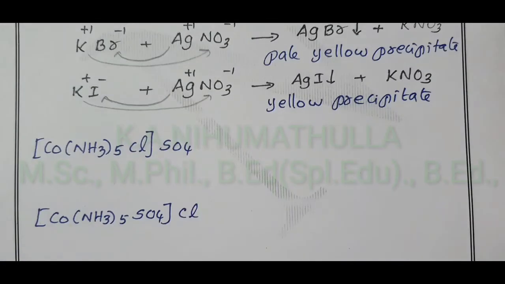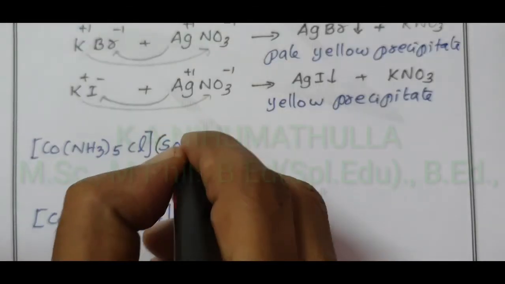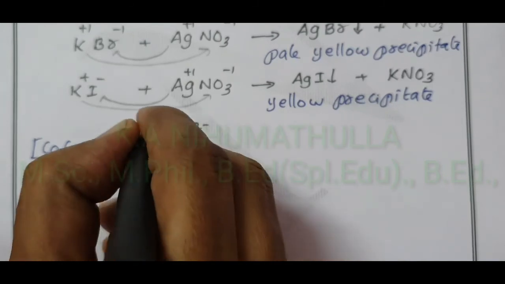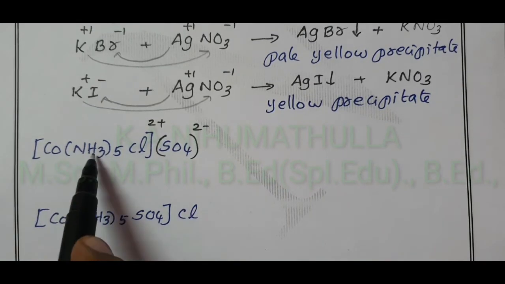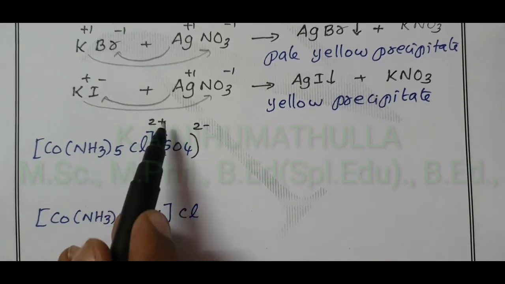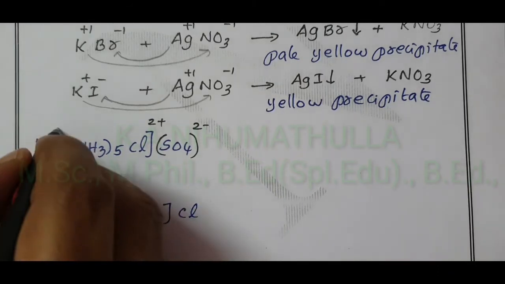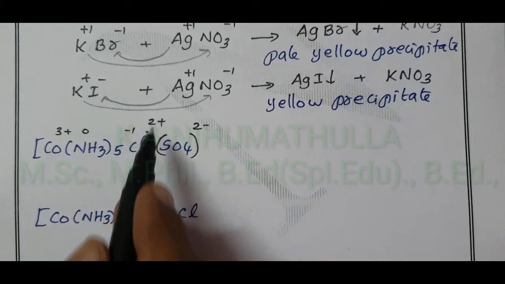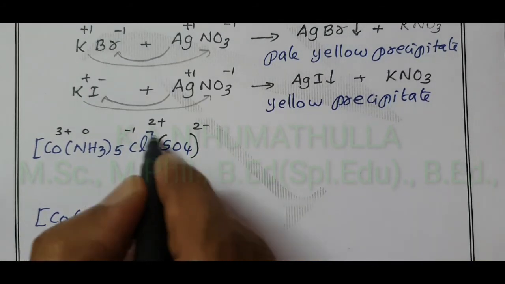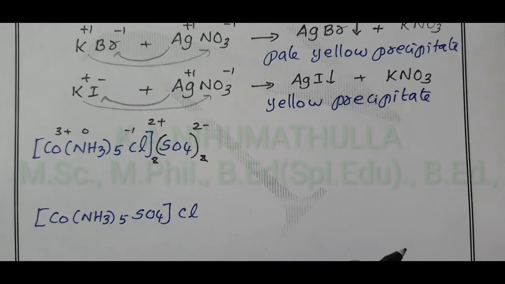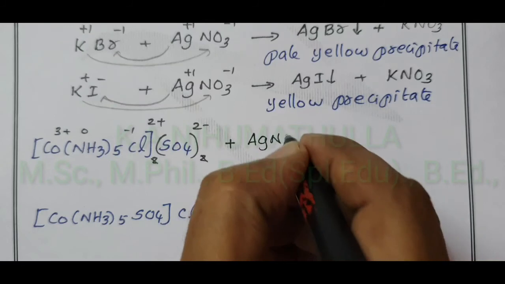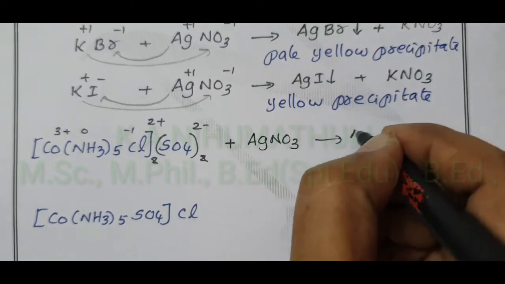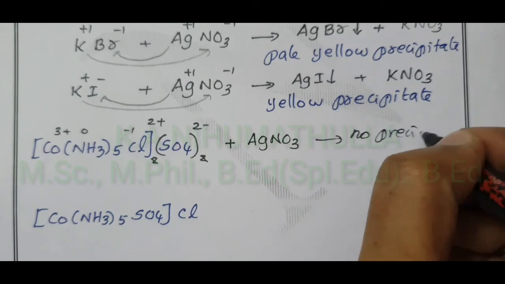Sulfate is a 2 minus ion, and the charge on the complex is 2 plus. How is it 2 plus? Cobalt is 3 plus, ammine 0, chlorine minus 1, so 3 plus minus 1 gives 2 plus. That 2 is written here and this 2 there, and the 2 get cancelled. When treated with silver nitrate AgNO3, no precipitate is formed.